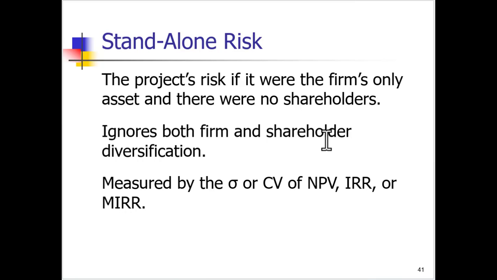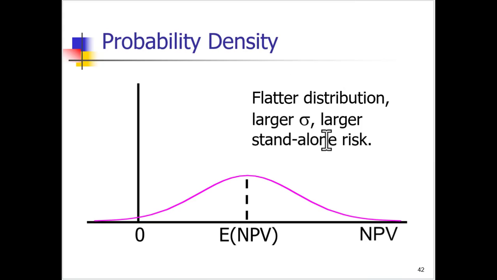All we're looking at is standard deviation. So we would measure the coefficient of variation or standard deviation of things like net present value, internal rate of return, etc. And of course, those statistics are available in our analysis.